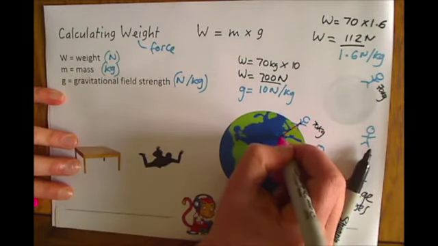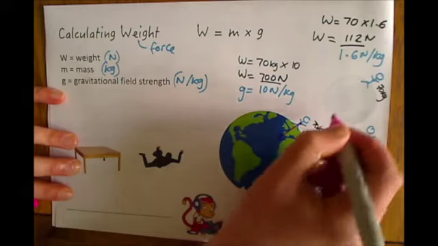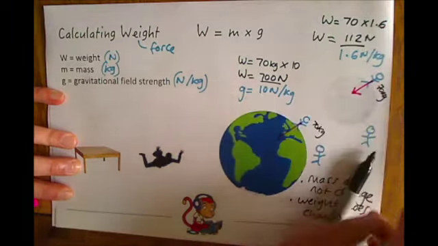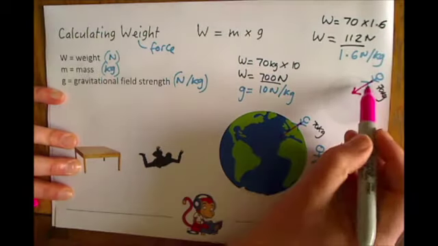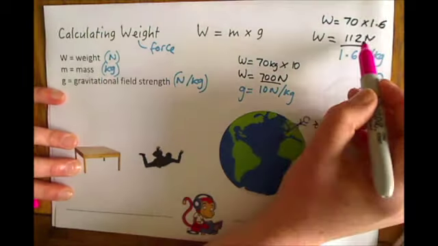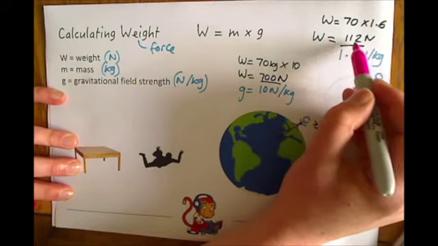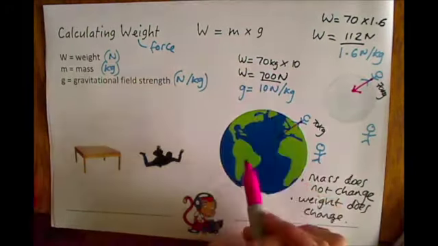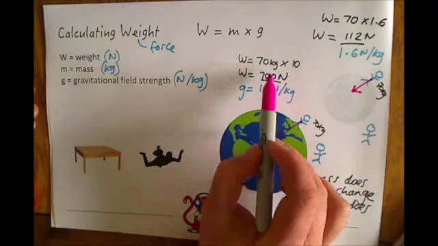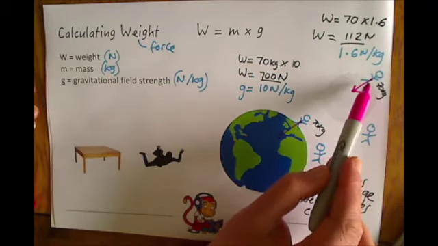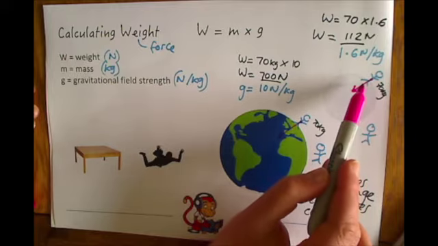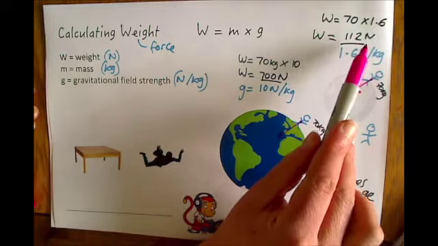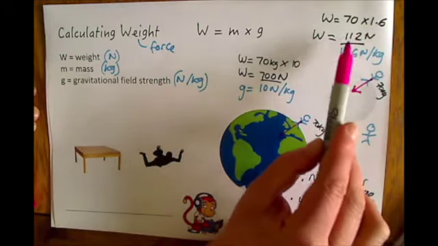On the Moon, the weight is a lot lower, but the mass is the same. On the Earth, the weight is a lot higher, and the mass is the same. That's why you'll see videos of astronauts on the Moon taking large bouncy steps because there's less force pulling them, and that is why their weight is lower.